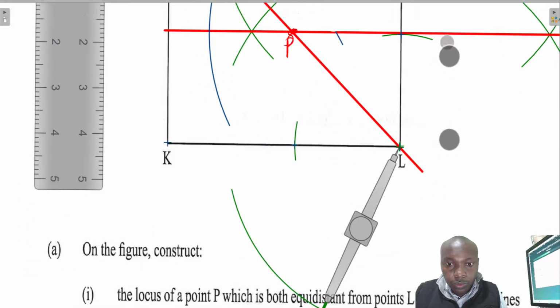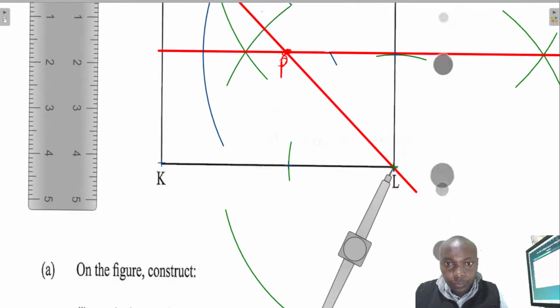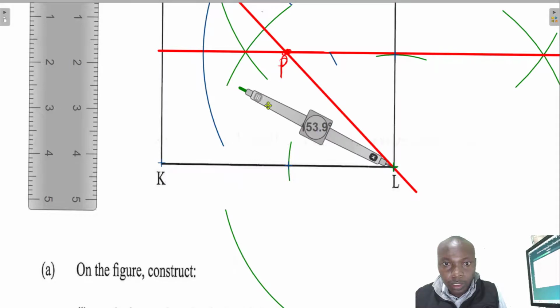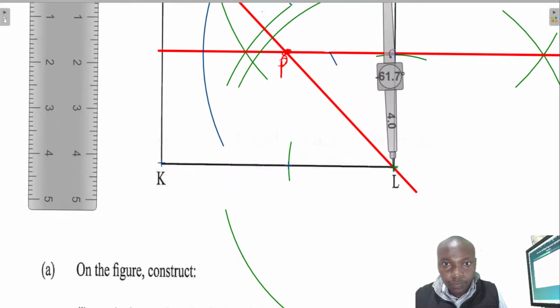I have to move up here because of space. Then with the same radius, I mark an arc there.